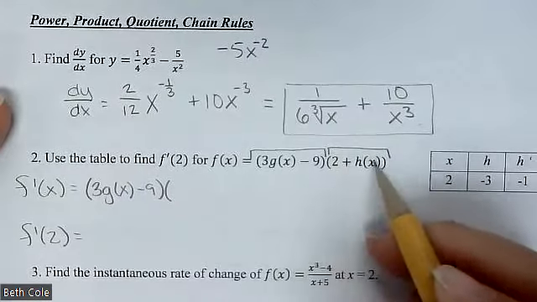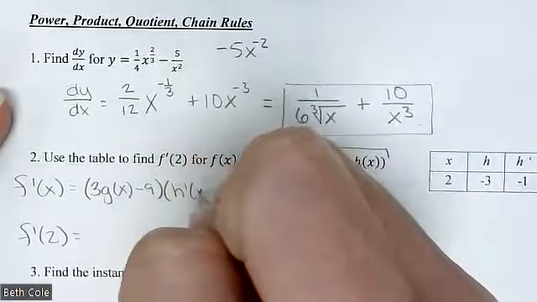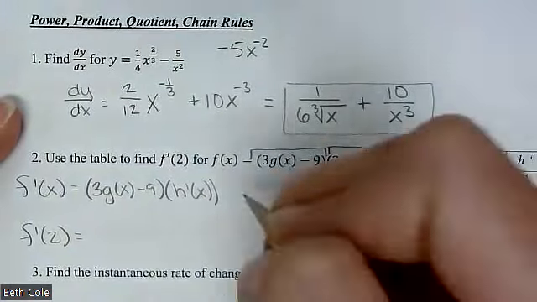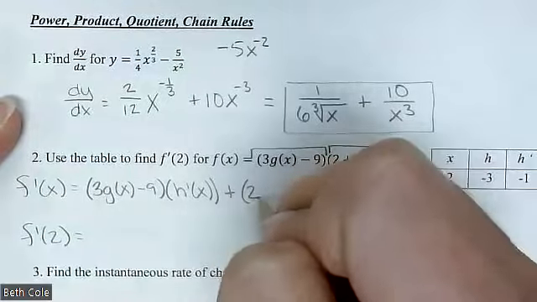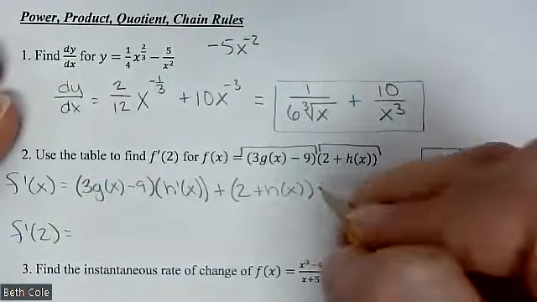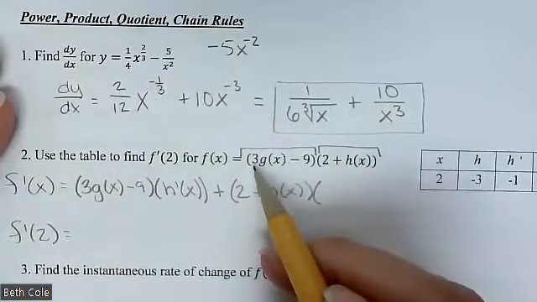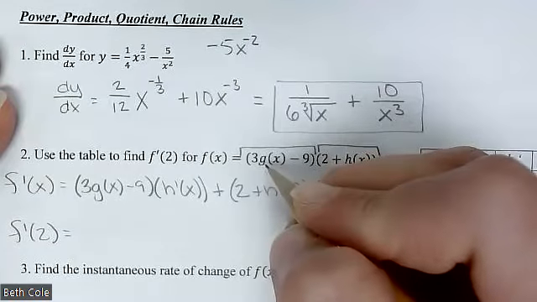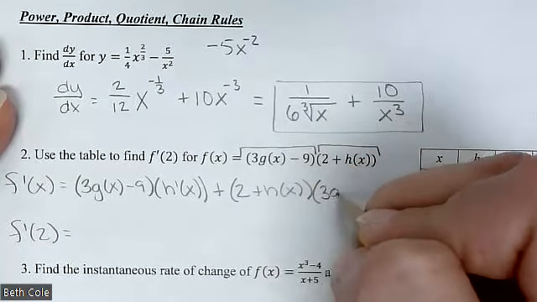So the derivative of this one, it would just be h prime. The 2 is a constant. All right, plus the second thing, and then times derivative of the first, which would be 3g prime. Good.